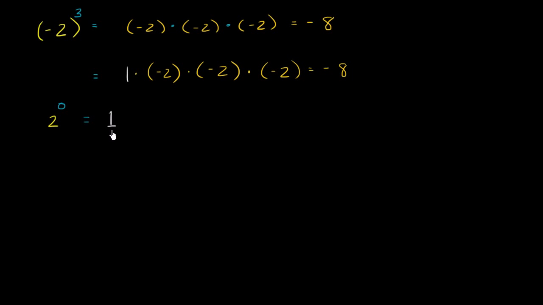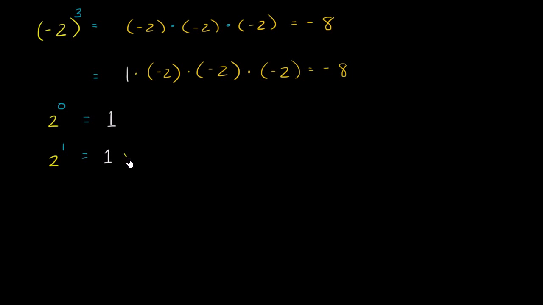And I'll make another video that will also give a little bit more intuition on there. That might seem very counterintuitive, but it's based on one way of thinking about an exponent as this. And this will also make sense if we start thinking of what 2 to the first power is. So let's go to this definition we just gave of the exponent. We always start with a 1, and we multiply it by the 2 one time.